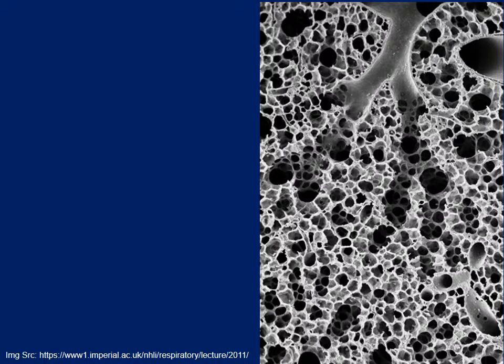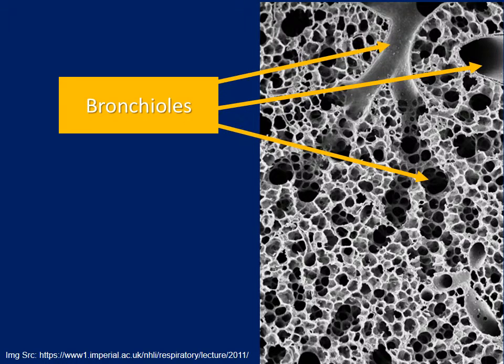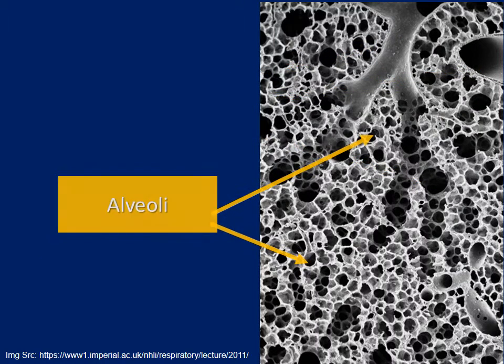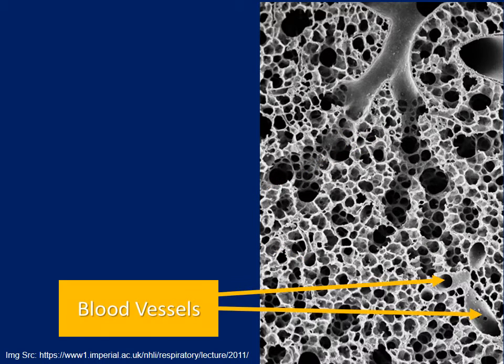Just another picture of the same thing. You're seeing bronchioles here. You're seeing pretty much everything else is alveoli, but just to point out a couple of them. And then you even have some blood vessels there. So the lung tissue is just really all this spongy tissue with some tubes and some blood vessels.